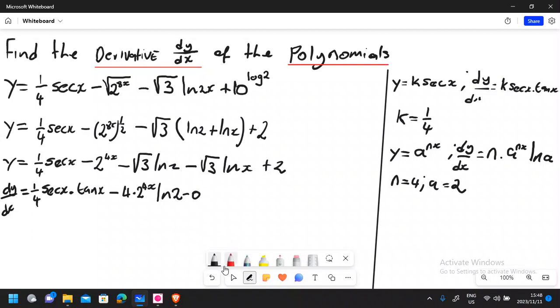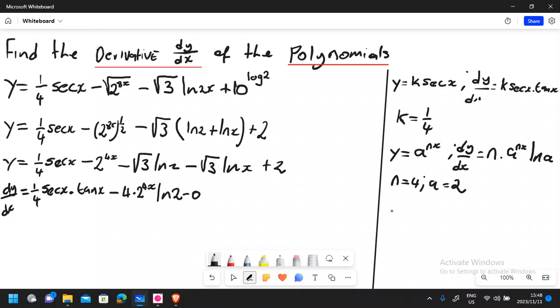Now let's move to the fourth term. Now the fourth term, we have root 3 natural log x. This time we do have x, so the answer cannot be 0. Now if you still remember, let me write the general formula for this one.